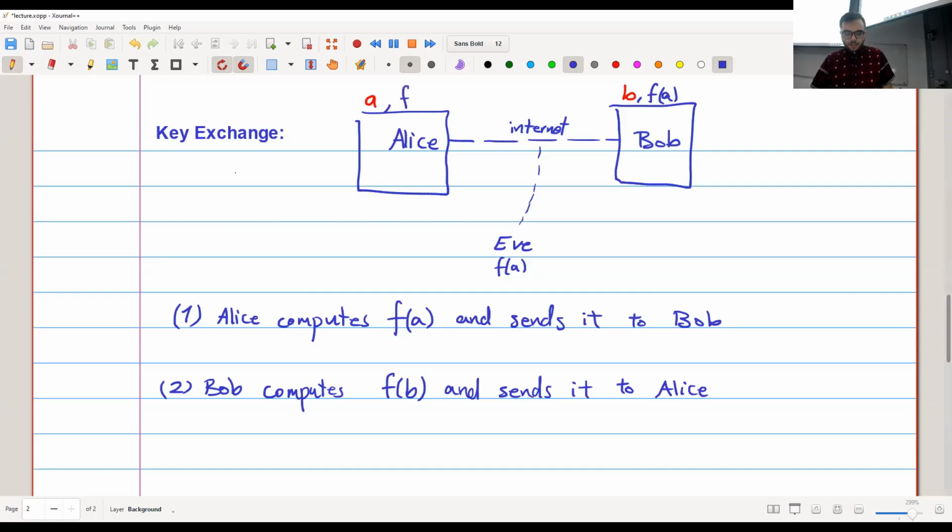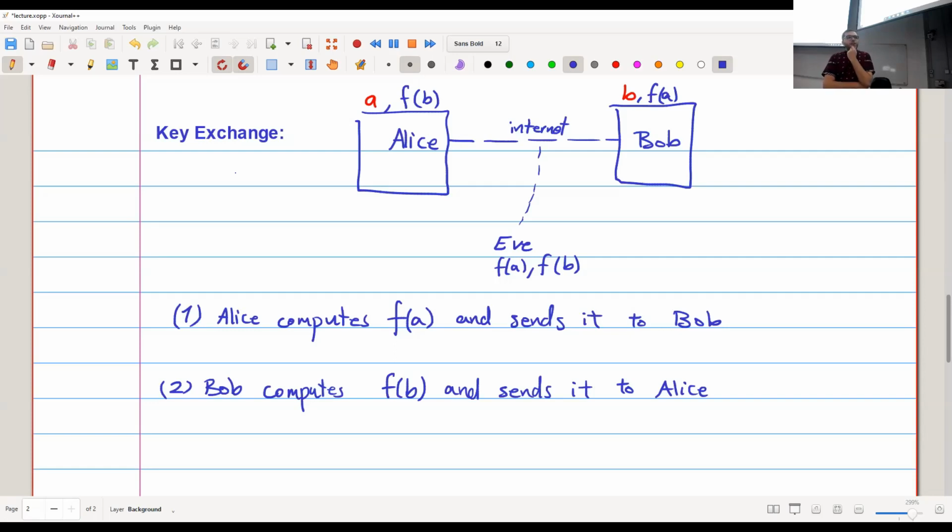And Eve also knows f of B. Now you see, at the beginning, we started with a case where everyone basically had no knowledge except for their own secrets. But now if you look at the knowledge of the different parties here, it's kind of different. So Eve knows f of A and f of B. Alice knows A and f of B. Bob knows B and f of A.